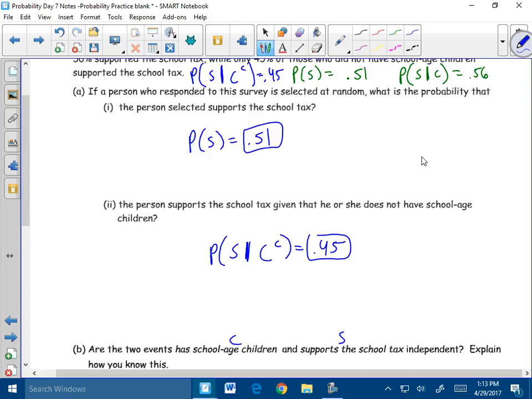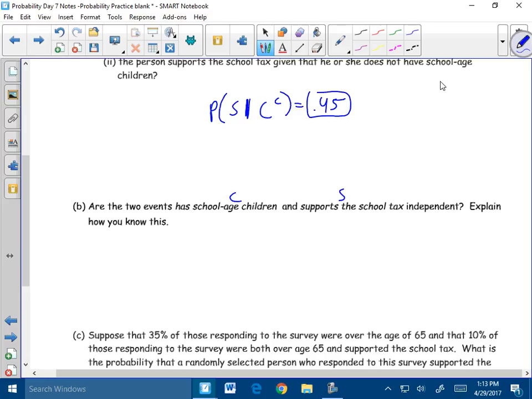But if I look up top at the information that I have, this conditional probability is sitting right here, so I'm going to use this one. So the probability that they support the school tax given that they have school-aged children, I'm going to check to see if that is equivalent to the probability that, if you're picked at random, you support the school tax.